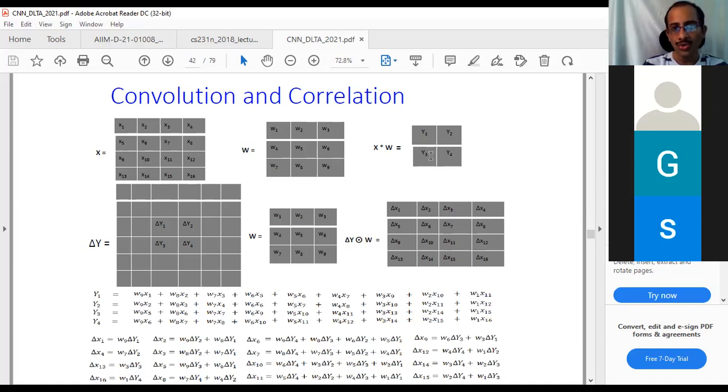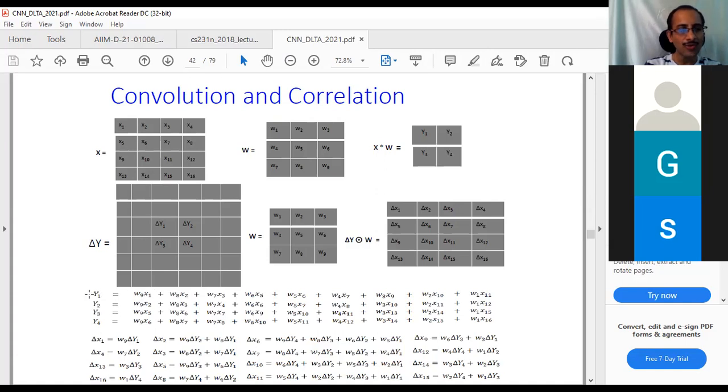Delta X1: we want to see in which of the expressions X1 is involved, and through the signal flow graph, only those branches will contribute to the error. You got the point? In the forward pass, if you write the Y1, Y2, Y3, Y4 equations, you see that X1 is involved with weight W9 in the forward pass.